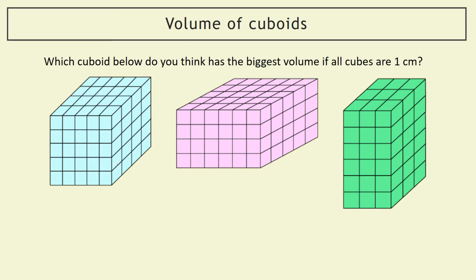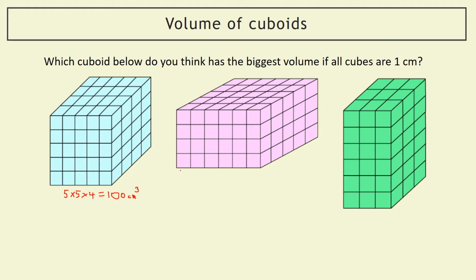So I can work out how many are in the front face by doing 5 times 5, and then it goes 4 back. So to work out the volume, I could just do 5 times 5 times 4. If we do 5 times 5, we're going to get 25, and times 4, it would give us 100. So if they were centimeter cubes, that would be 100 cubic centimeters, that one.